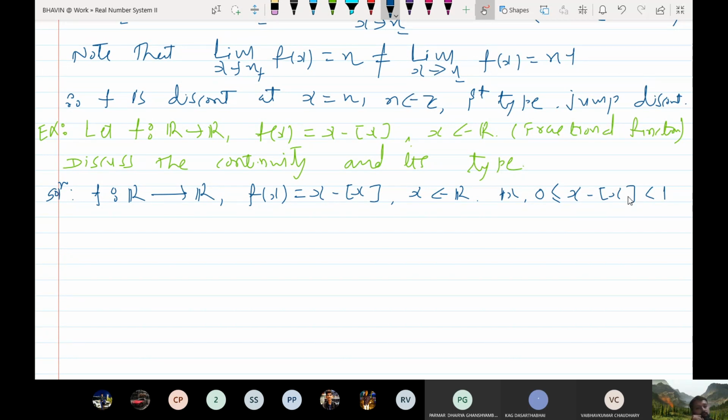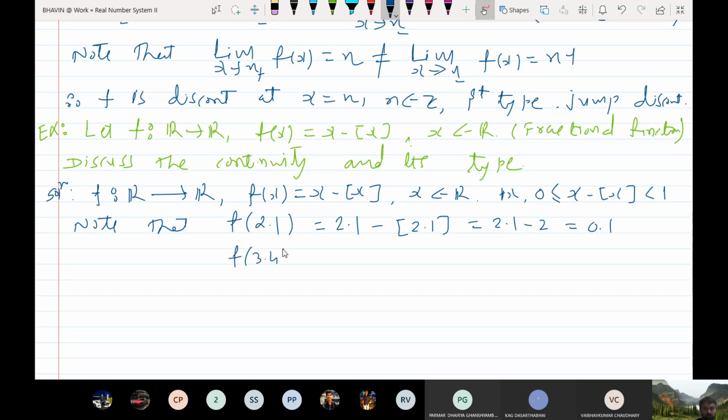If you take x equal to 2.5, put here 2.5 minus bracket 2.5. So bracket 2.5 is just 2, so you will get 0.5. The reason is this. Let me take 2.1: 2.1 minus bracket 2.1, so 2.1 minus 2, that is 0.1.